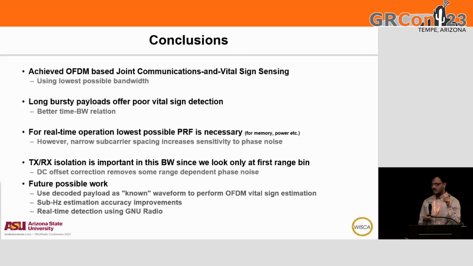We could always expect some random comms user to decode the data, which would cause more errors, but it's possible. We could also improve sub-hertz estimation accuracy and use real time for GNU Radio. Yeah, so I guess that's the project.